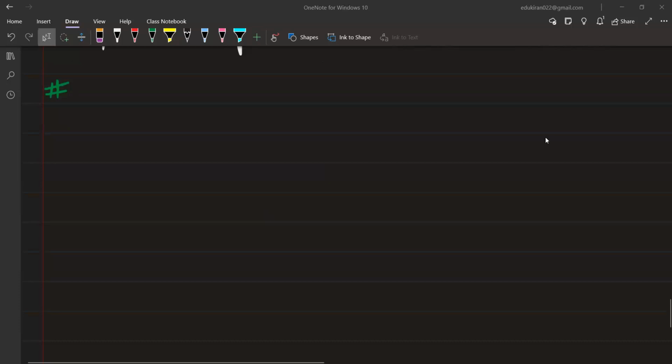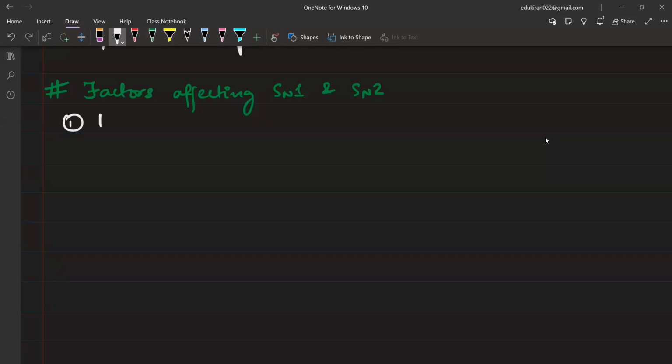Right? Factors affecting SN1, SN2. We're going to look at 3 factors. Number 1 is nature of substrate. Second is nature of leaving group.